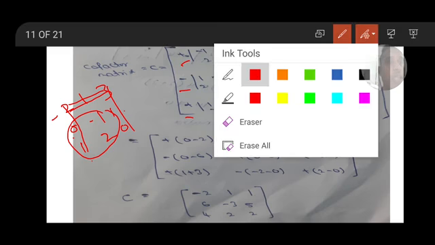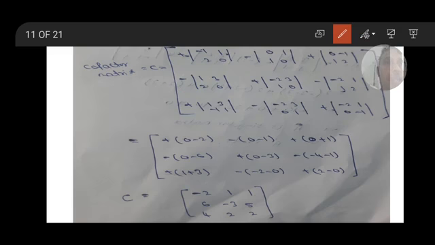We already discussed this in the previous class. Now its values by AD minus BC: plus of minus 1 into 0, 0, next 2 into 1, minus 2, giving minus 2. Then minus of 0 minus 1, plus 1.